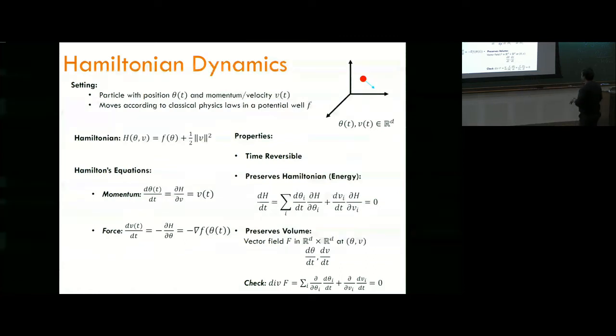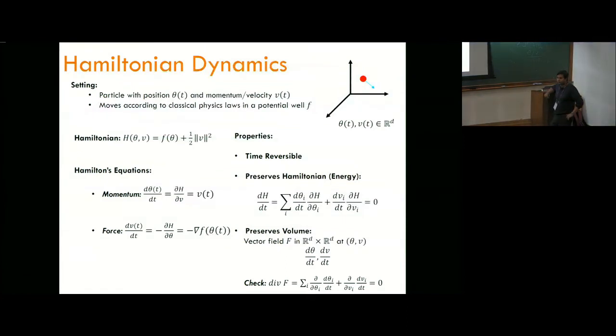And all this stuff holds very, very generally. In this whole area of symplectic geometry, it attempts to generalize Hamiltonian dynamics on manifolds, and there is some pretty interesting mathematical physics behind it.